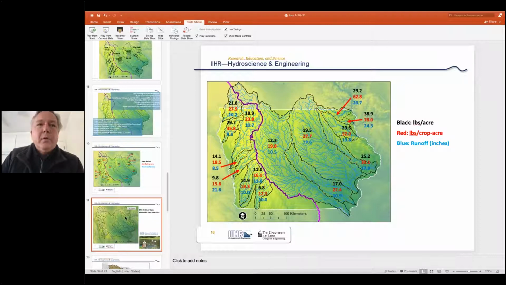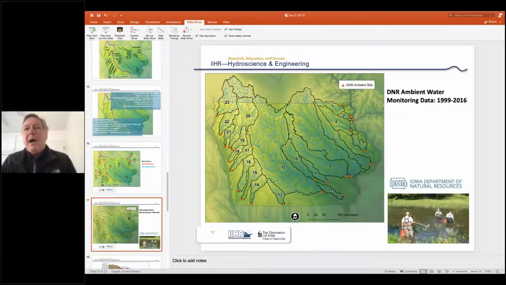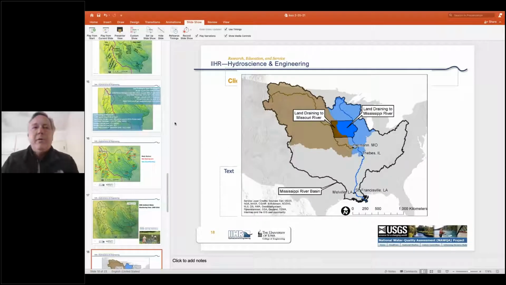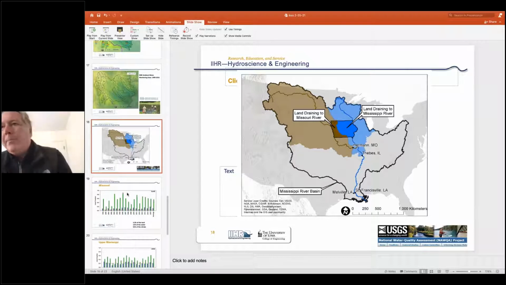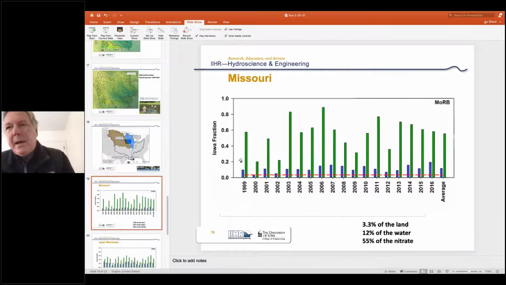And so I'm going to skip that one here. When we look at Iowa data relative to the Gulf of Mexico and the Missouri River and the upper Mississippi River, how do we look? This is a period 1999 to 2016 for areas of Iowa draining to the Missouri.